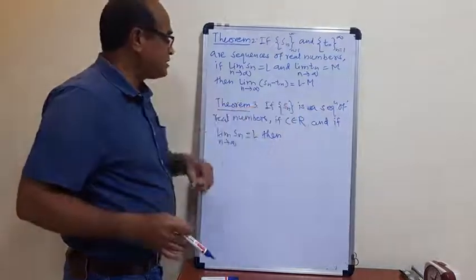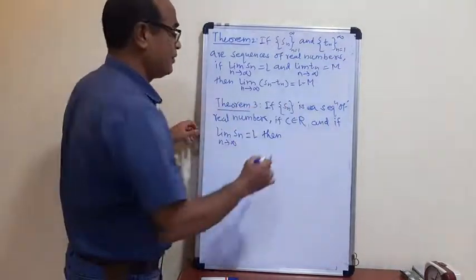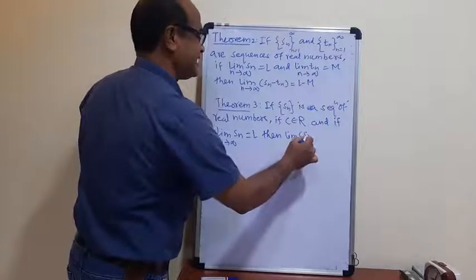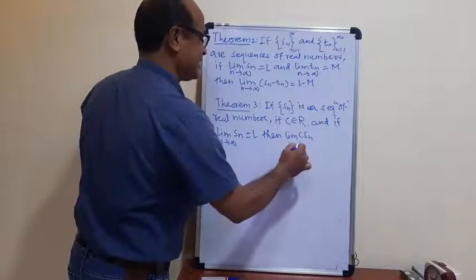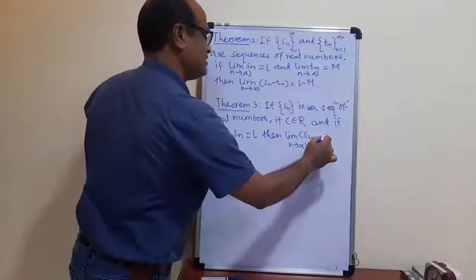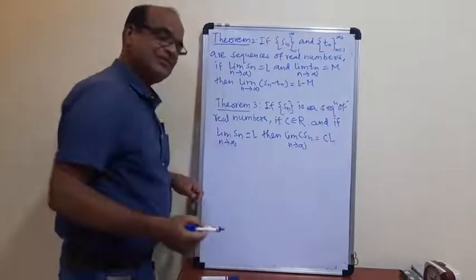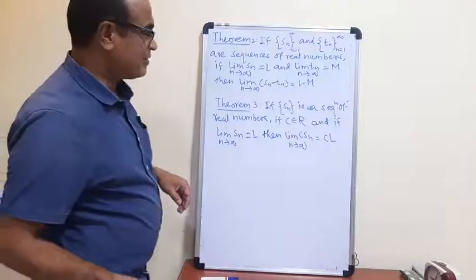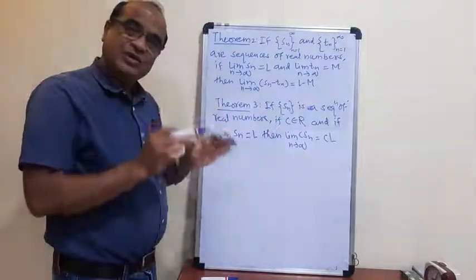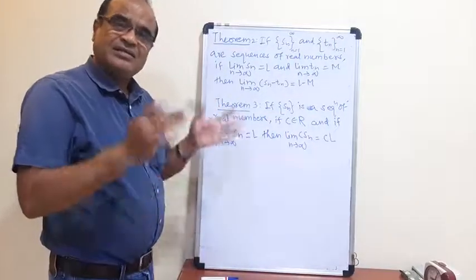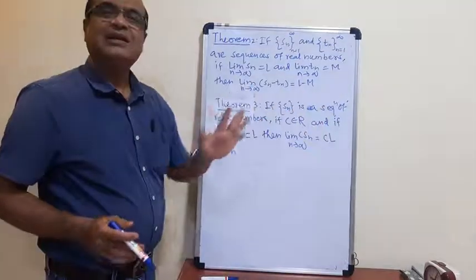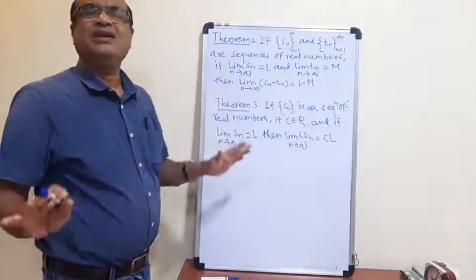And since Sn converges to L, the sequence CSn converges to CL, C into L. Okay? So convergence is not affected. If we multiply each element by C and take the limit, we get C into L. So the proof is very easy.